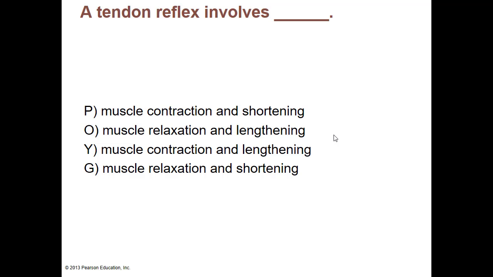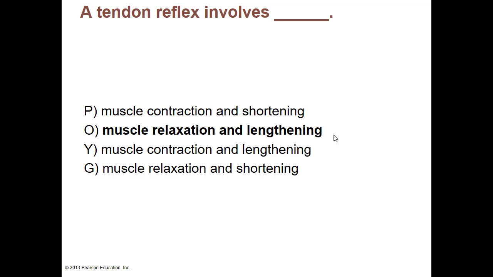A tendon reflex always is because of tension, too much tension on the tendon. And if you have too much tension on the tendon, you're going to want to cause muscle relaxation and then lengthening. That was the tendon.